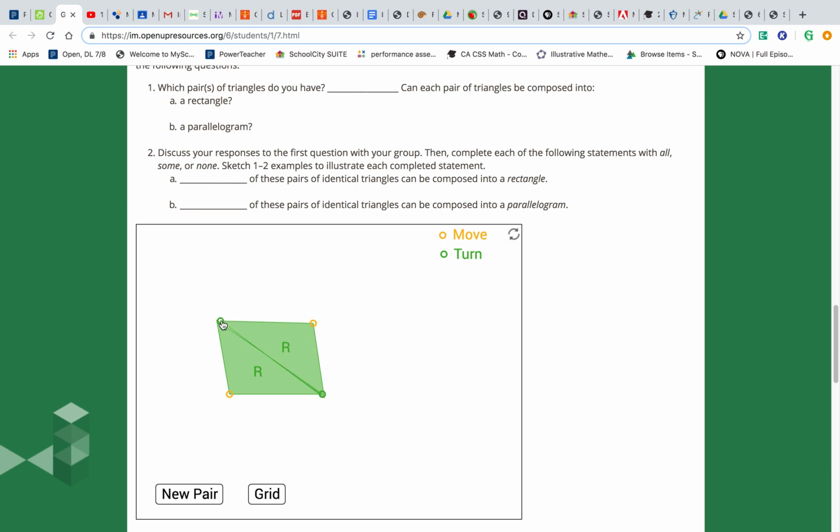But it will be a parallelogram because you can see these sides are parallel. Okay, so you're just going to go through this and you're going to see which letters, this is letter R, can be made into rectangles and which ones can be made into parallelograms, right?